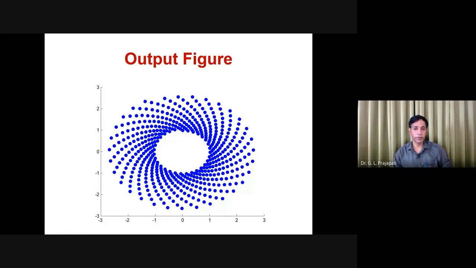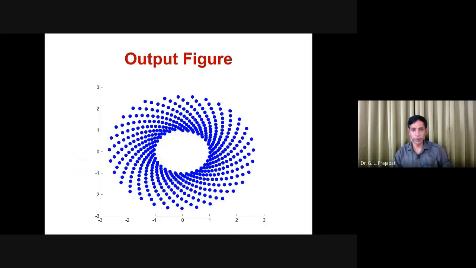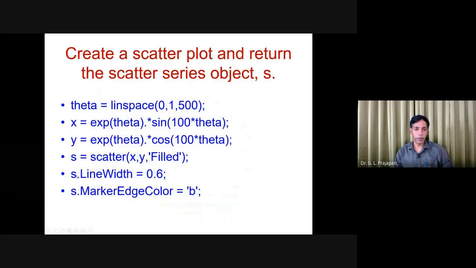This is a different function actually, I think. Okay, so this is a different function. That's why you are going to find a different plot. So this is the different plot you have. But what is there? You have the fill and line width and marker edge color.